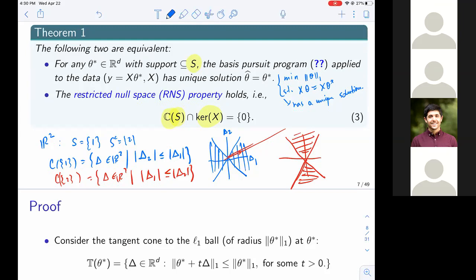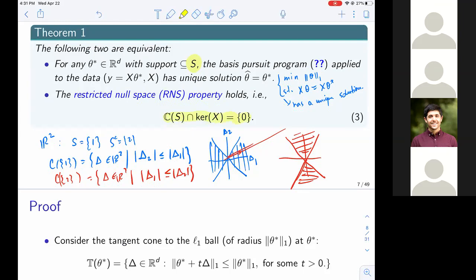So among all the thetas that satisfy the system, there is one that has the smallest, and that one is theta star. To say that you need to have some restrictions on X, right? That's condition 3. That's the exact condition, so that's the restriction on X. Oh, okay. This is the condition that you need.